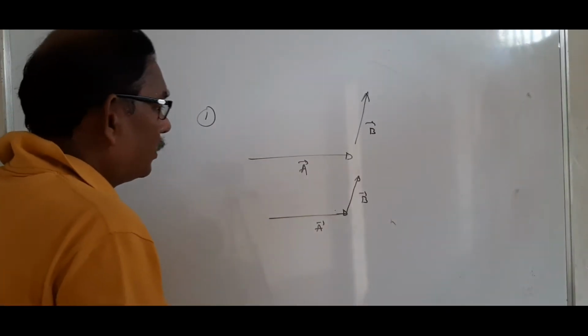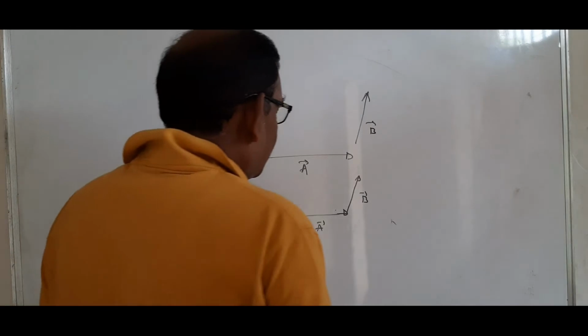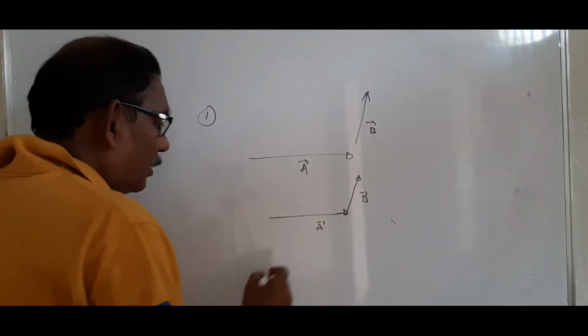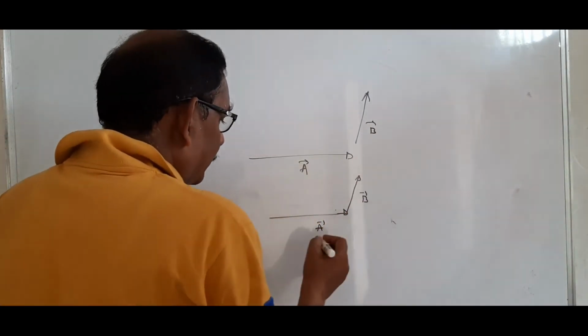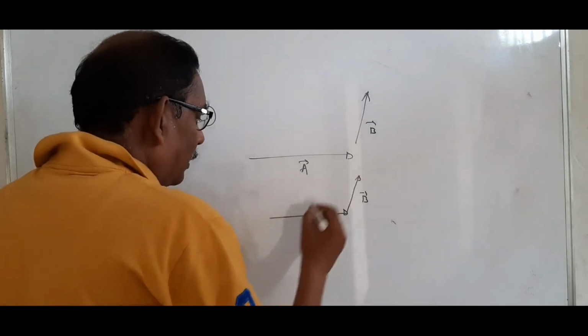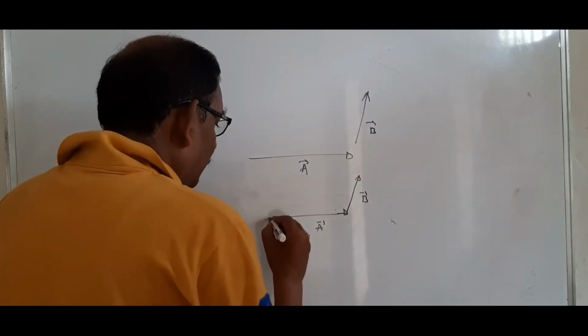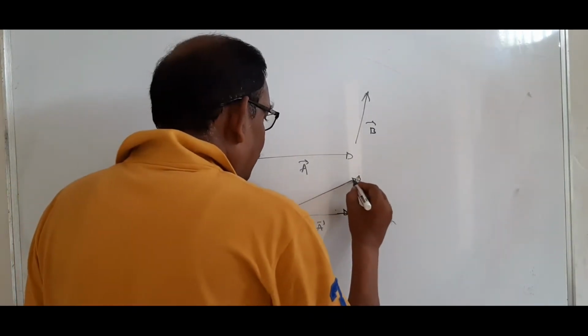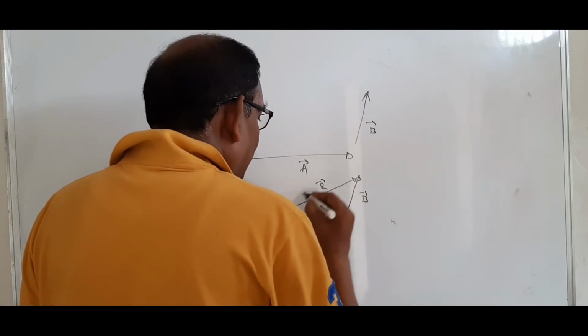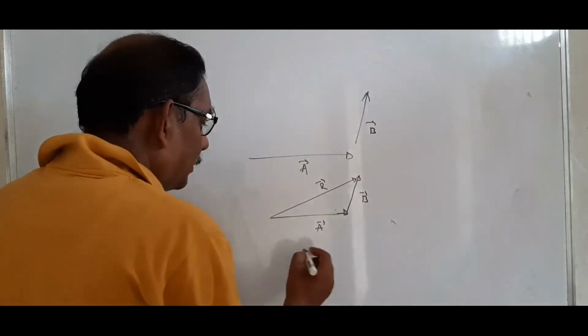Addition of two vectors at some angles. So you have to add in this way. They are in the same order. Now joining this vector R, it is called a resultant, taken in opposite order.